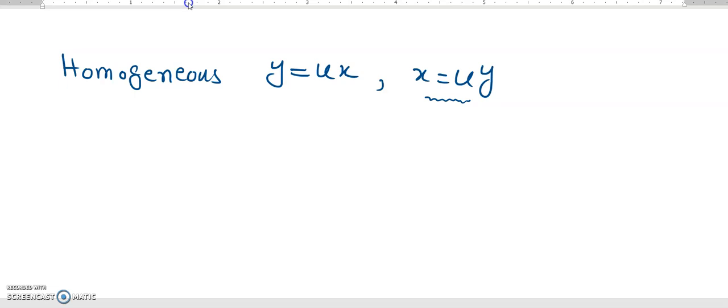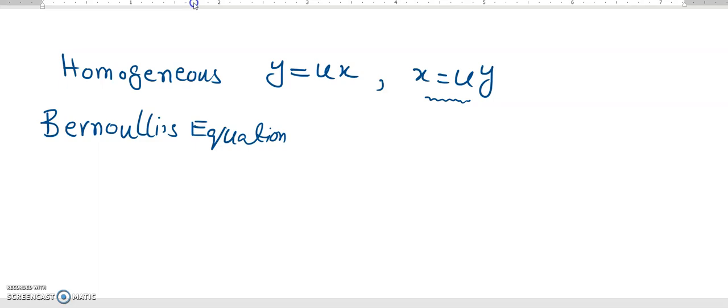So the second substitution we used for Bernoulli's equation. Okay, and Bernoulli's equation is the same as the linear differential equation, but on the right hand side of the Bernoulli's equation there is a non-linear y term in terms of y power n.